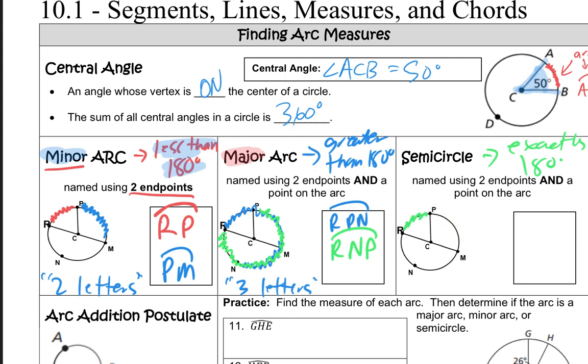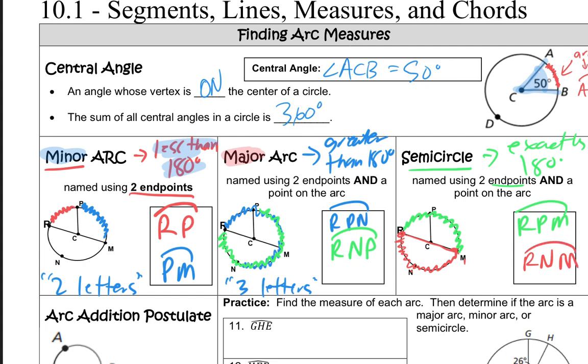So this would be a semicircle. So 2 points and a point on the arc. So RPM, right? Now also we can think about this one right over here, right? That's also a semicircle. We know it's a semicircle because it goes through a diameter right over there, right? So we call that one RNM.